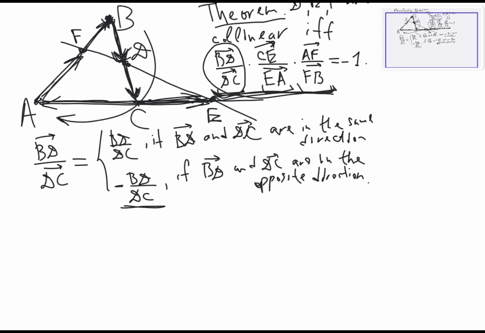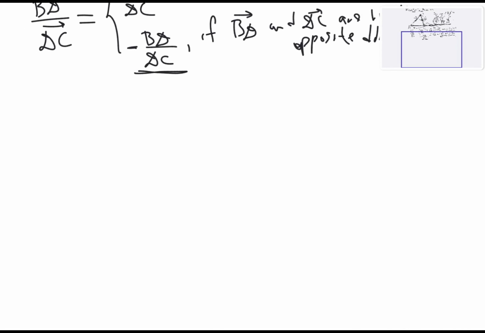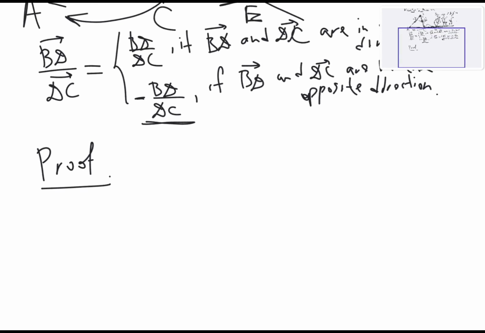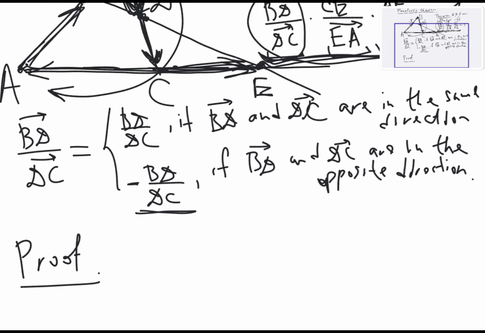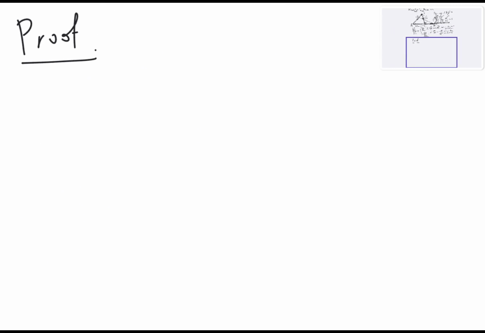Now let's prove this theorem. Strictly speaking, we need to consider multiple cases for these signs, minus and plus, and carefully consider each case. But I'm going to show in detail only one case.